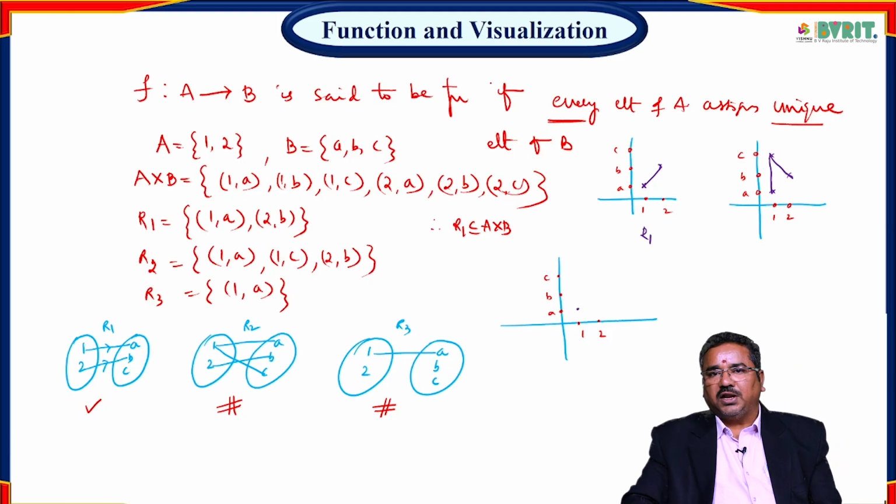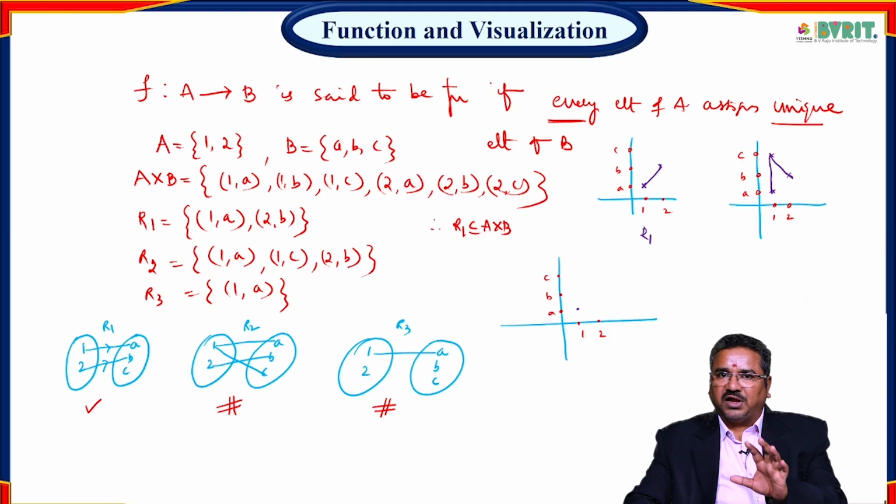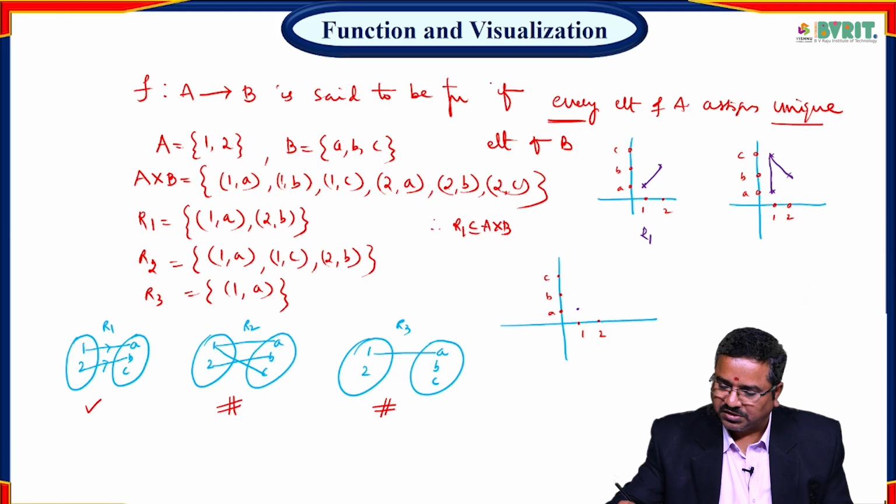So geometrically we want to visualize what the function is. Now I want to explain geometrically the concept of function: when the graph is a function, when it's not. Just look at this, it is a function, we know. This is not a function.